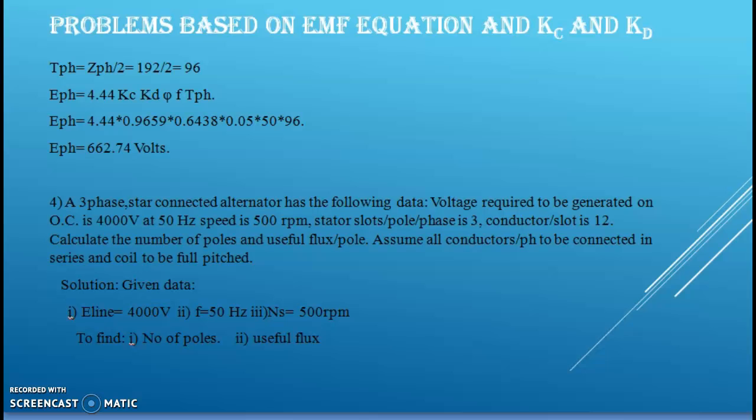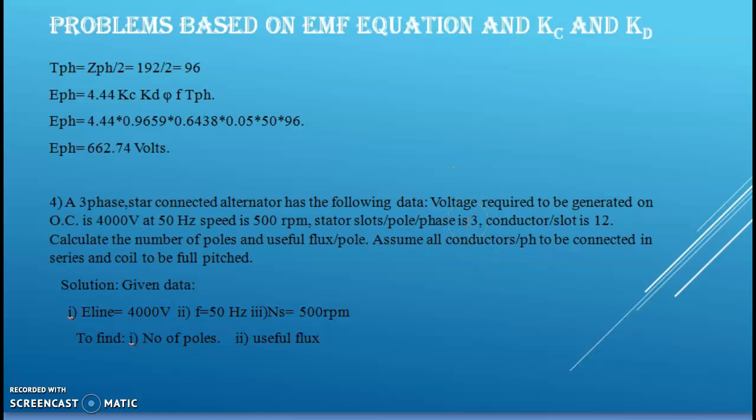So you just have to find Kd by using the formula of Kd. For Kd you require M and beta. M they have given as 3, since slots per pole per phase is 3.